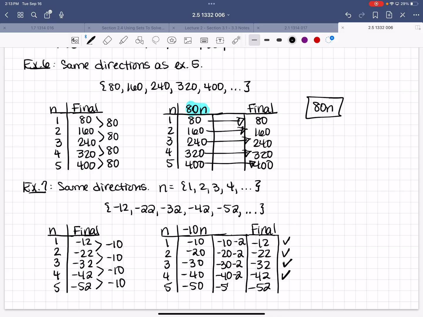And negative 50 minus 2, yep, that makes negative 52. Okay? So that was really negative 10n minus 2. That's what we did in that column. So my answer is negative 10n minus 2. Okay? Are we good? Oh, I should have boxed it. And that is the last example.